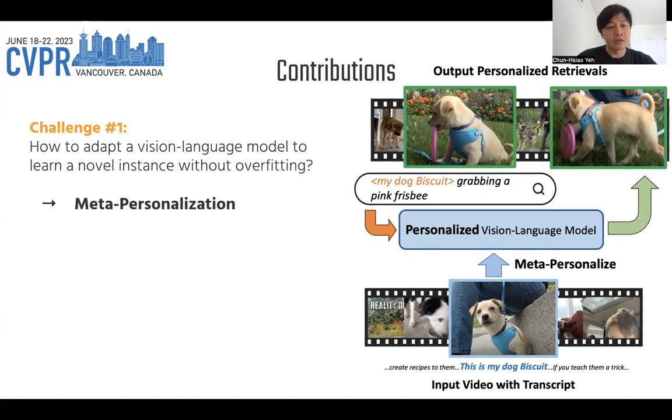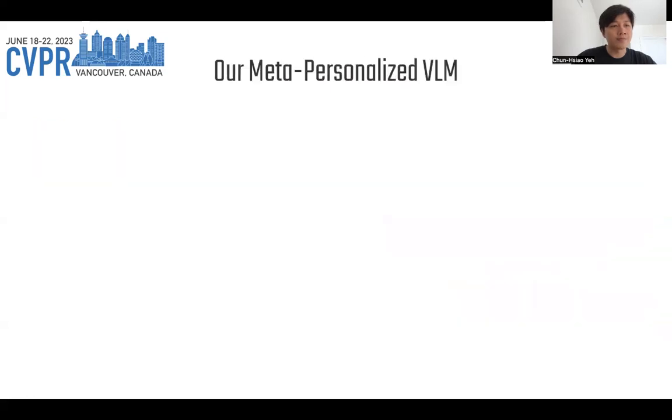For example, in the illustration on the right, given a large set of videos and the specific instance name, such as "This is my dog Biscuit" from the transcript, we can learn to meta-personalize the vision language model. And during the evaluation, we query a specific context. Our personalized model will give us the personalized moments.